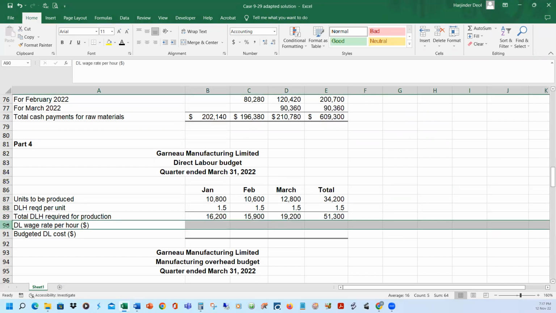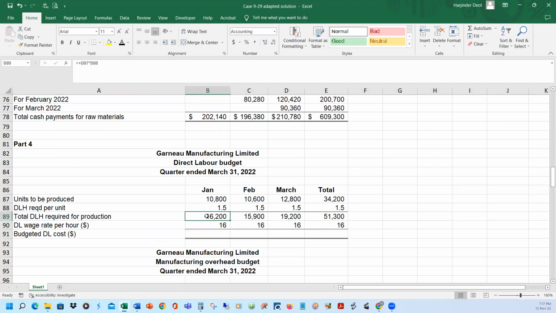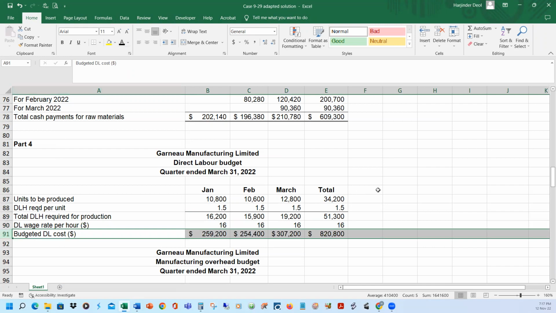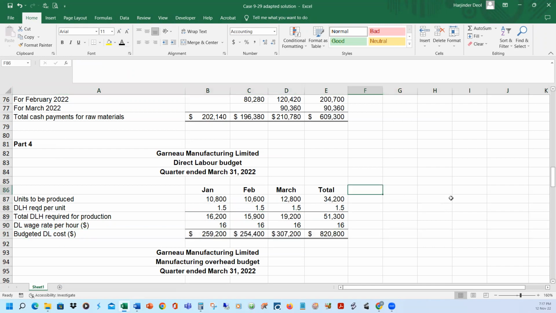The wage rate on average is $16 an hour. So if we multiply the number of labor hours required by $16 an hour, we get the budgeted direct labor cost. And it would be a reasonable assumption that the company pays out wages as they get earned. So we'll make that simplifying assumption that in the month of January, we would pay $259,200. For the month of February, $254,400, and so on.